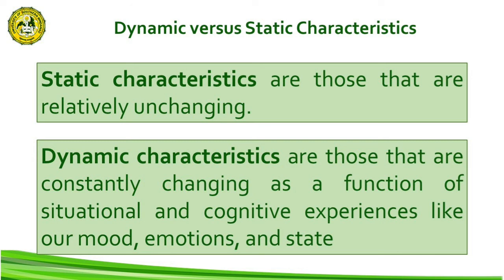However, yung state, it can change over a period of time. For example, happiness, 'di ba? If happiness scale ang ite-test mo, which is yung construct niya is a dynamic characteristic, hindi mo pwedeng gamitin yung test retest kasi nga pwede siyang mag-change.